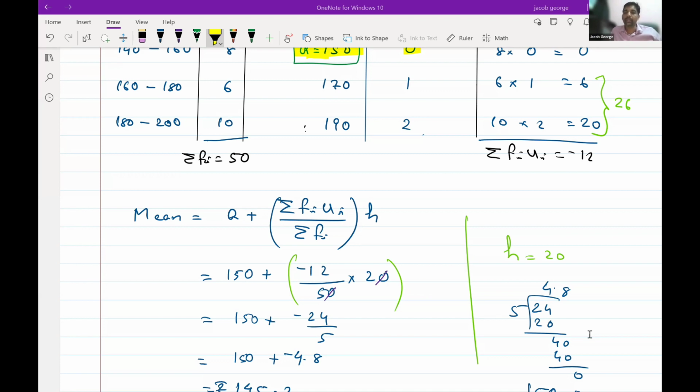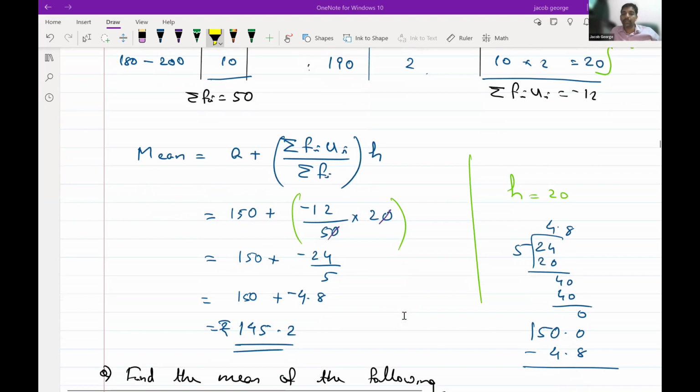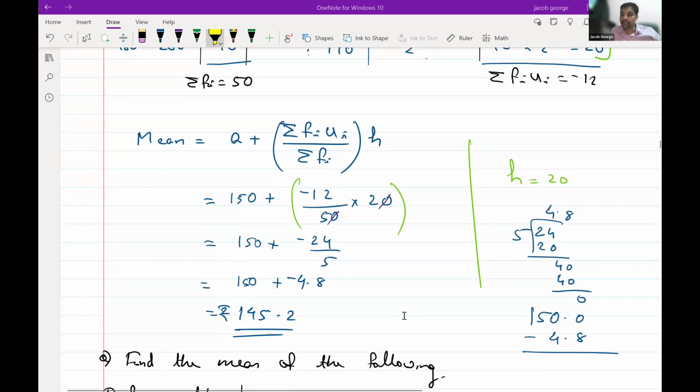Instead of a plus, some will write a into, that is the wrong formula. It is a plus, sigma fiui by sigma fi into h. Then we substitute and simplify and we get the answer like this. Calculation part also you have to practice well. So the step deviation method question, the calculation, everybody got clear?